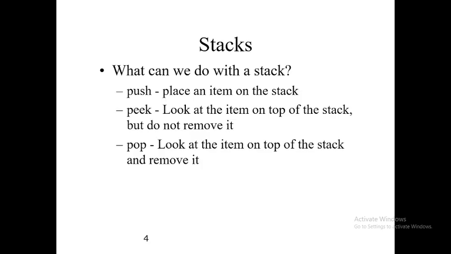Then if you want to look at one item on the top of the stack and remove it, that operation is called pop. There are three different operations: push, peek and pop. Generally we don't use peek, because the same task can be done by pop only.